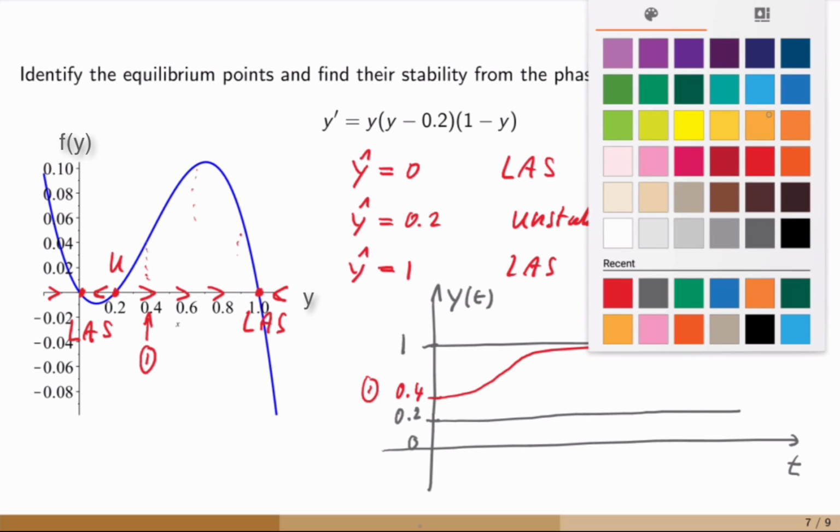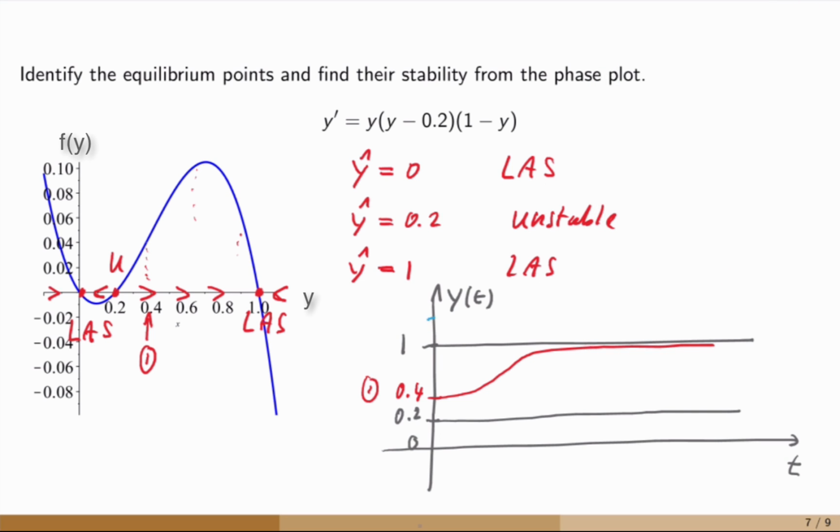Another case, just for good measure. So let's say we start here, call this case 2. So we are beyond 1, so we are somewhere here. This is case 2. Then f is first of all quite negative, so we are steeply negative. We are approaching 1. Okay, and then what happens between 0 and 0.2?